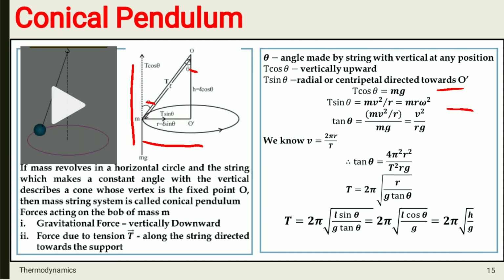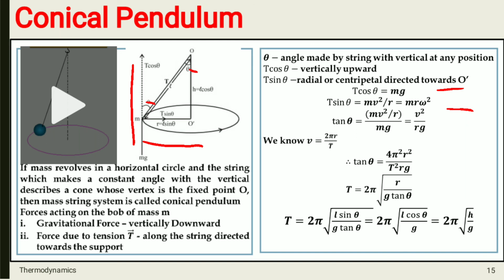After solving this, you will get v square divided by rg. Now you know that v is equal to 2 pi r divided by T. If you write 2 pi r divided by T instead of v, you will get tan theta is equal to 4 pi square r square divided by T square r g.